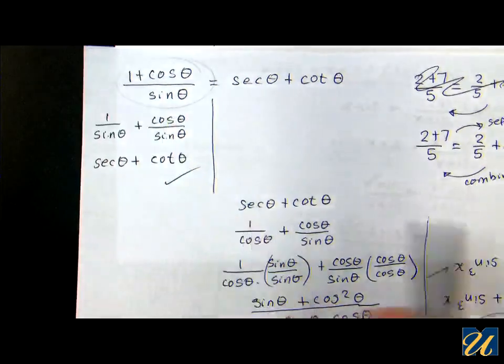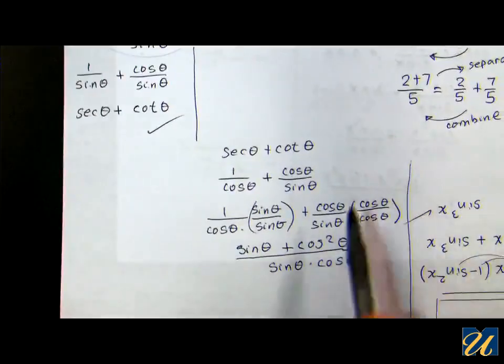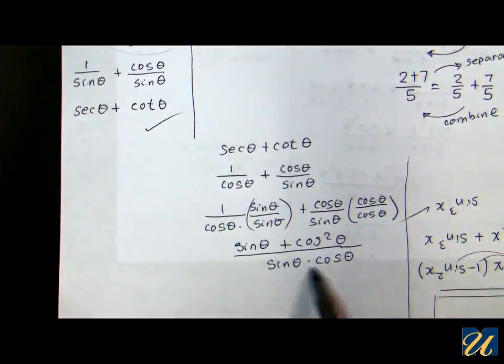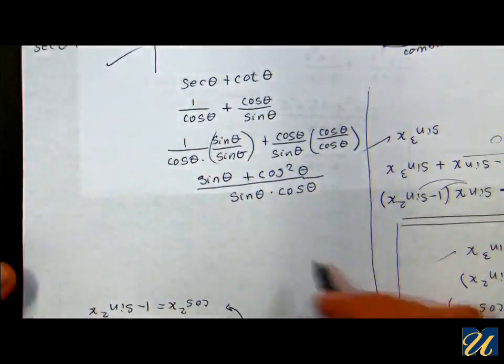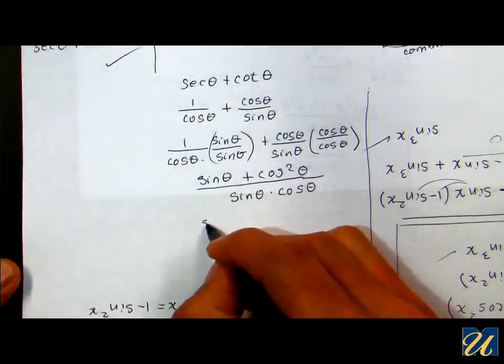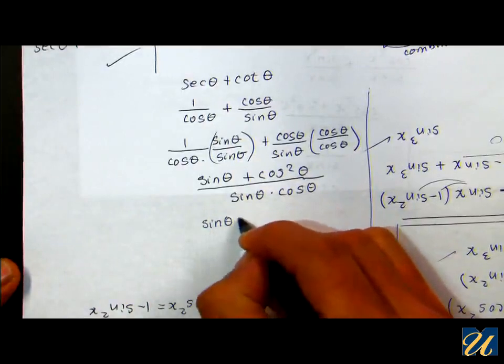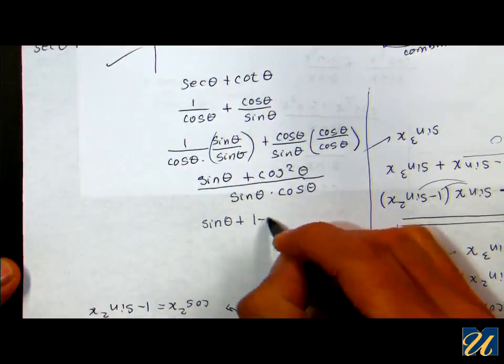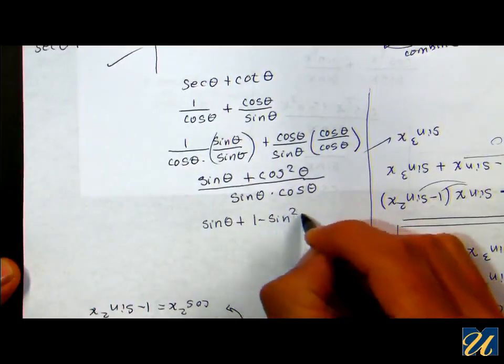How are we doing so far? Well, our denominator has a sine and a cosine in it. Let's see. What could we do there? We could use the Pythagorean identity, perhaps, and rewrite cosine square as 1 minus sine square.